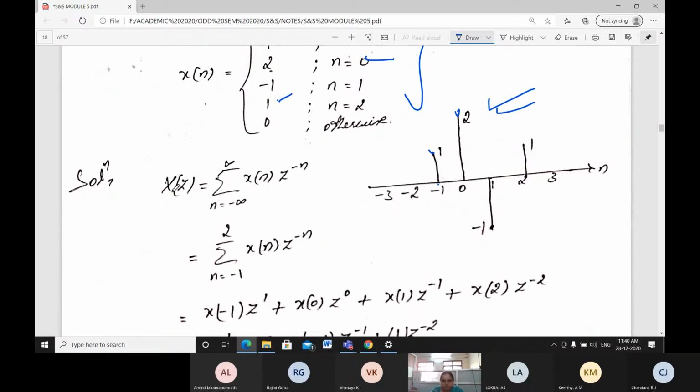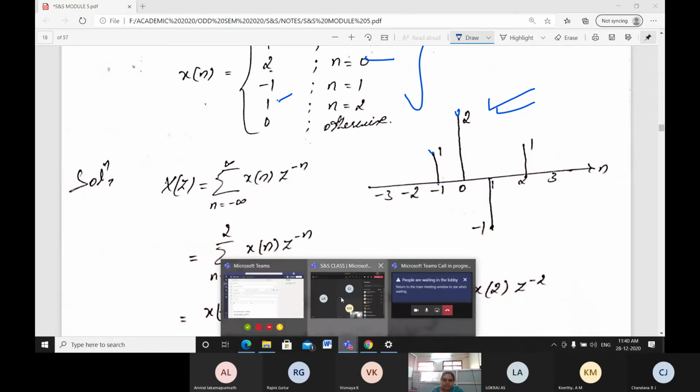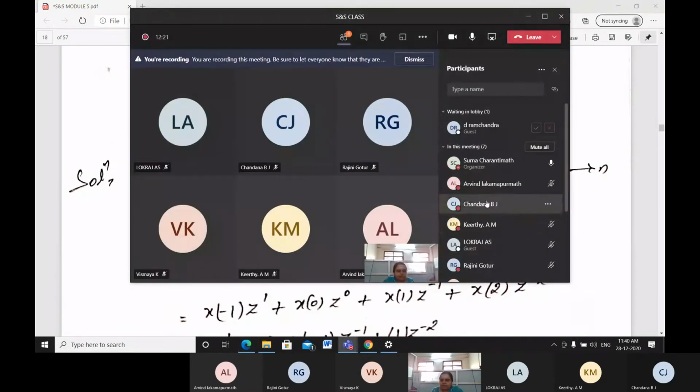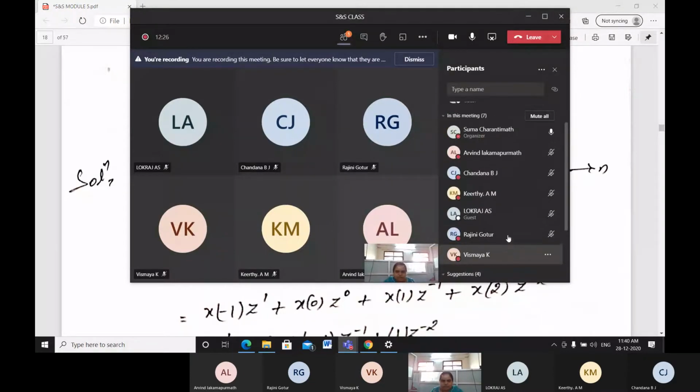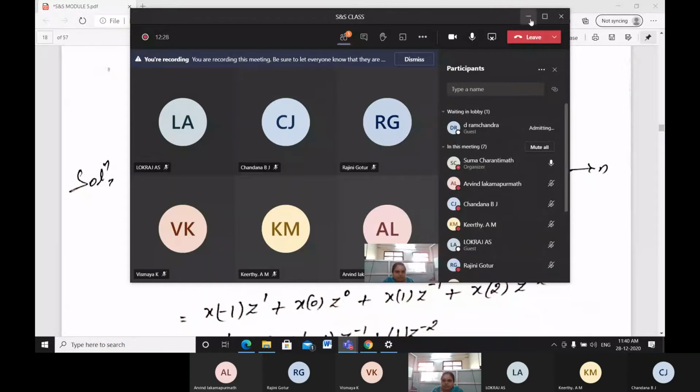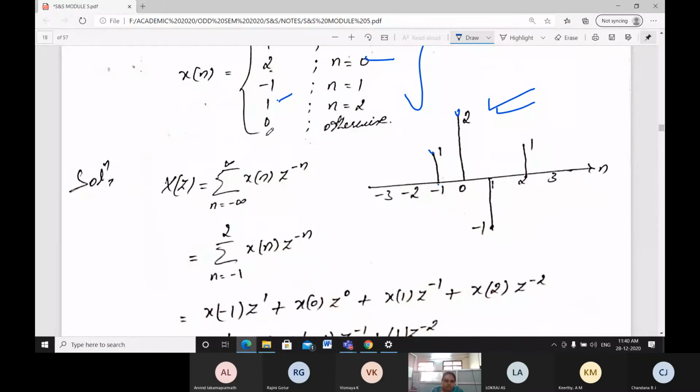Then use the equation, our Z transform X of z equals summation n varying from minus infinity to plus infinity. Our signal exists from minus 1 to 2, so n varies from minus 1 to 2 of x of n z raised to minus n.